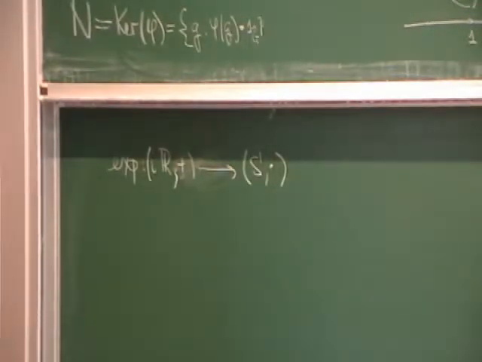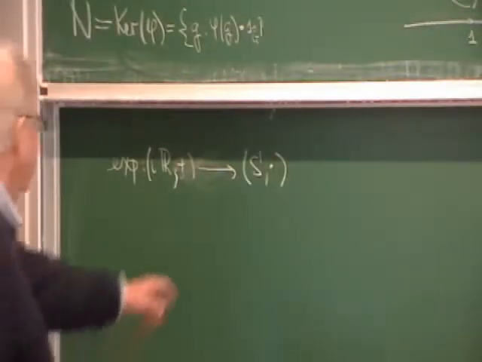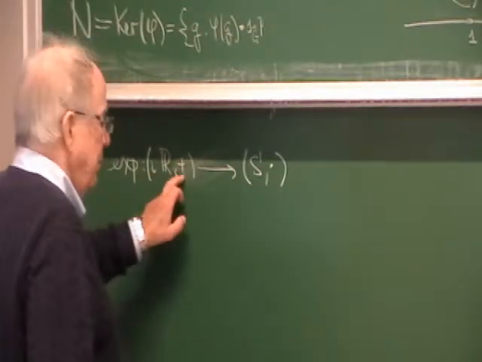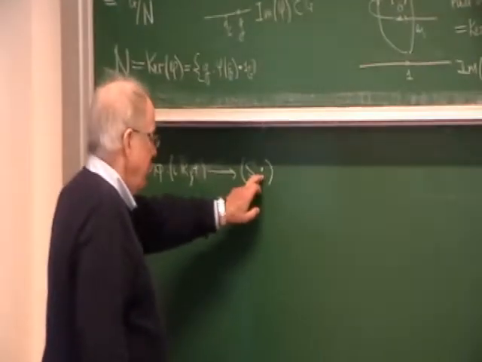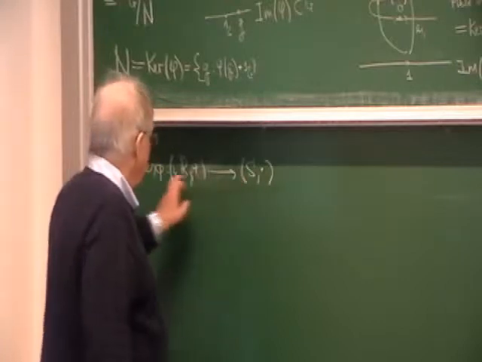The preimage of the circle is this thing. The structure here is plus. The multiplication structure here is just multiplication of complex numbers. This is a group homomorphism.